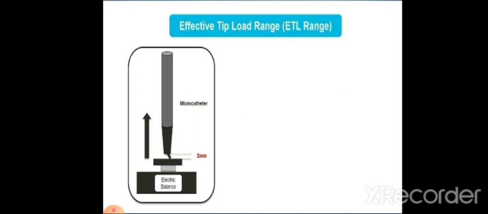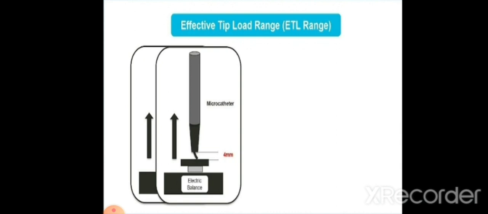At that time, this tip of the guide wire has the higher penetration force, or the higher effective tip load range, where the effect of the microcatheter tip exerts a higher penetration force on the tip of the guide wire. As you go proximal from the distal tip of the guide wire, you start decreasing the effective tip load.